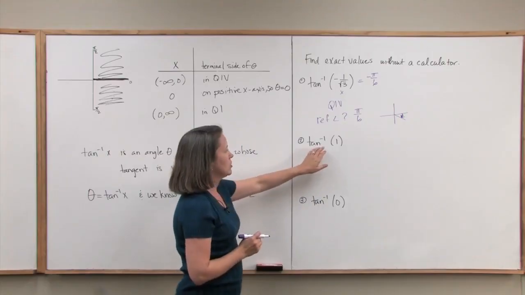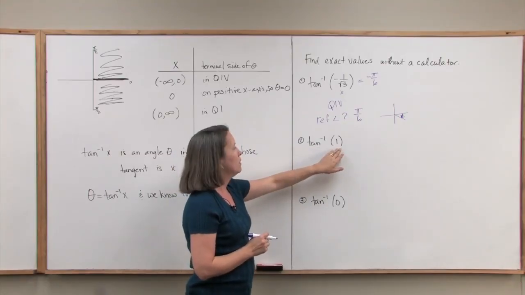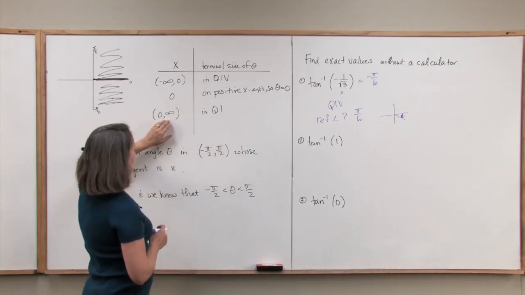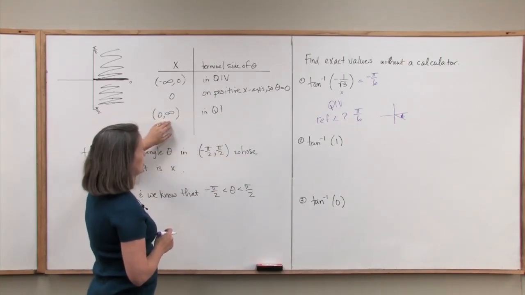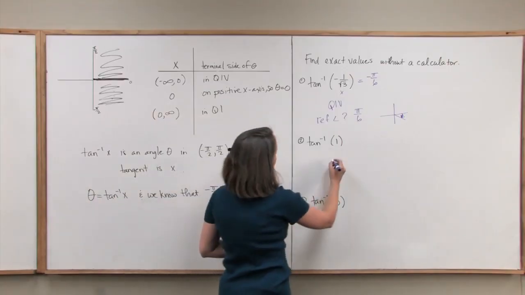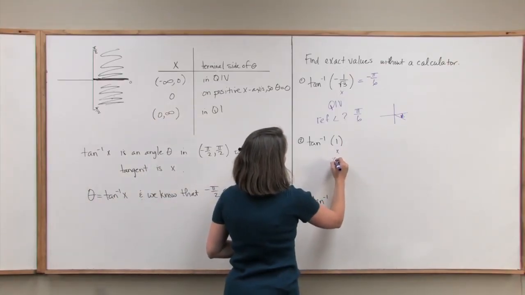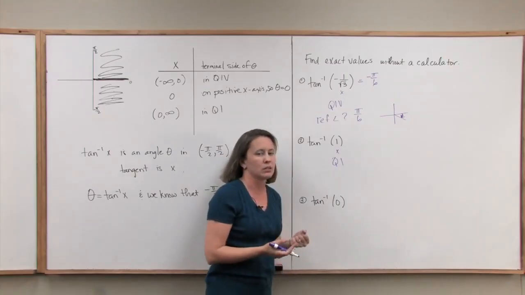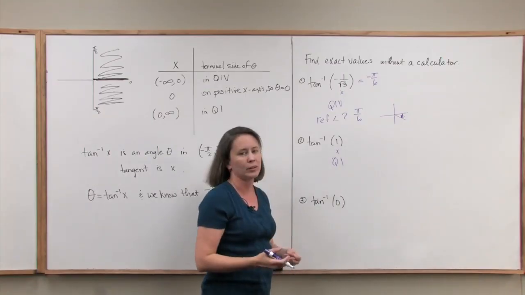Okay, the inverse tangent of 1. So we look at our chart to help us out. 1 is a positive number, so that tells me the terminal side of theta is going to land somewhere in quadrant 1. In quadrant 1, what's the special angle whose tangent is 1?